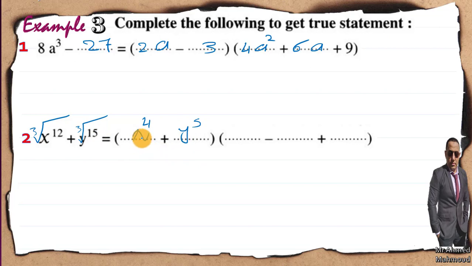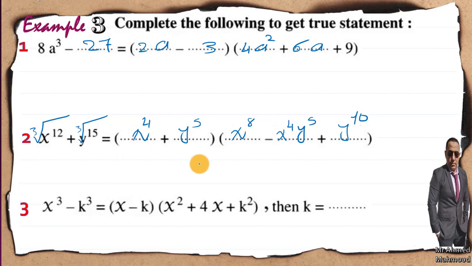Here x power 4 all power of 2 equals x power of 8. y power 5 all power of 2 equals y power of 10. Finally, x power 4 times y power 5 equals x power 4 y power 5.